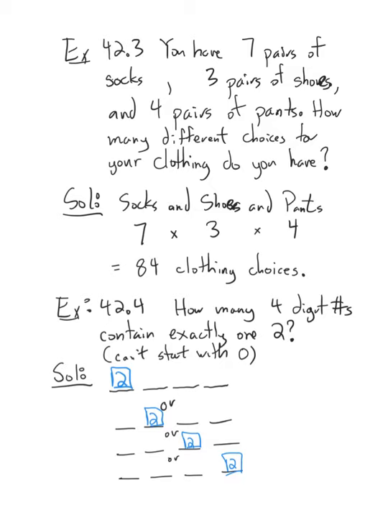So, my next question is, how many choices do I have for the rest of my digits? Well, there's 10 digits, but I'm not allowed to pick 2 anymore here. I can pick the digits 0 through 9, doesn't matter which one, as long as it's not a 2.